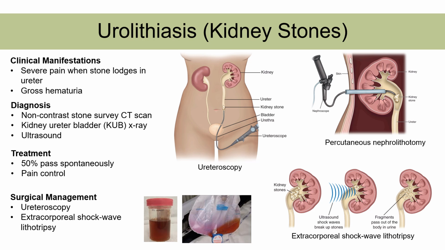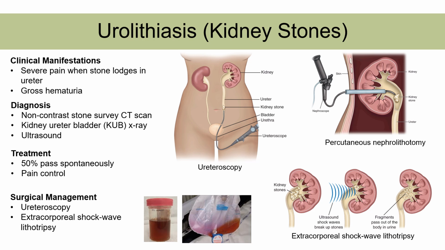Diagnosing a kidney stone, usually patients will have a CT scan, non-contrast. It is quick and they can see it right away. A CT scan can also pick up any type of obstruction in the urinary system, like hydronephrosis.